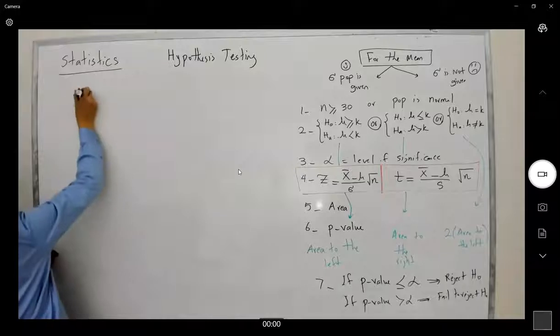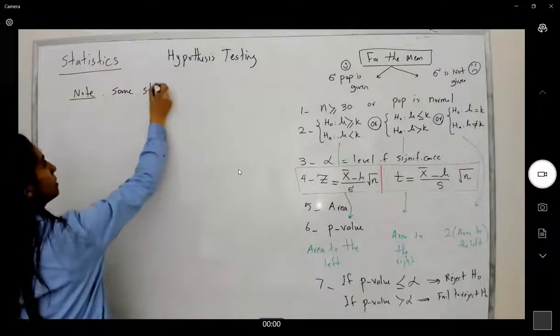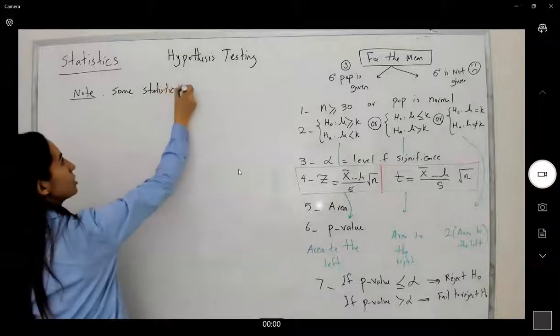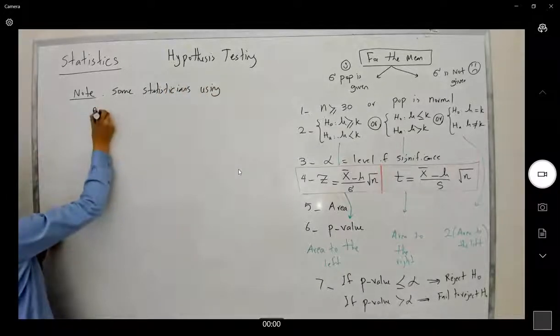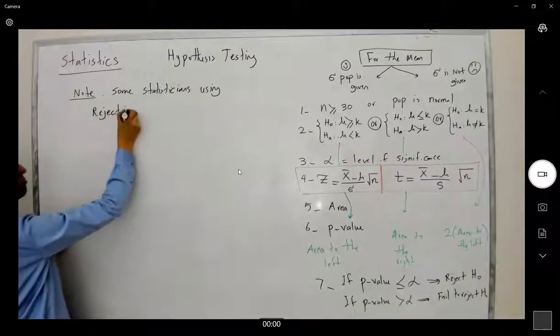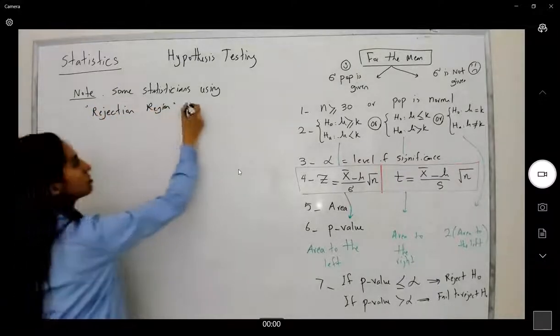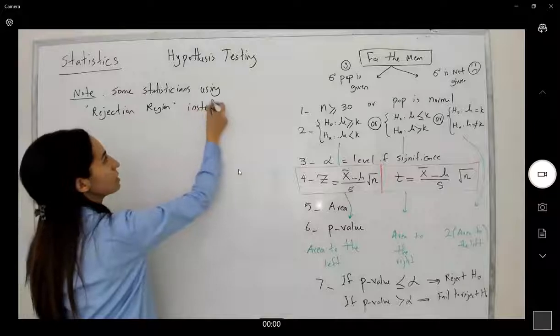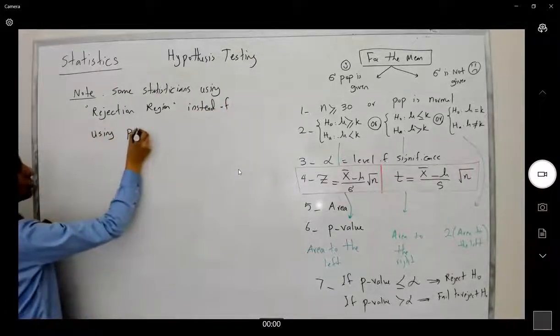So note that some statisticians use rejection region instead of using p-value.